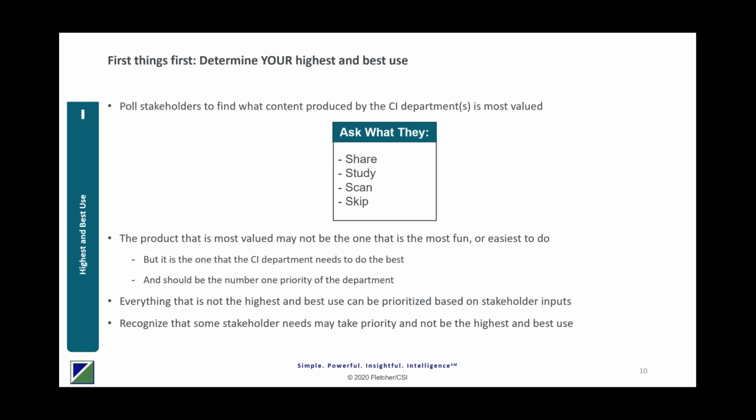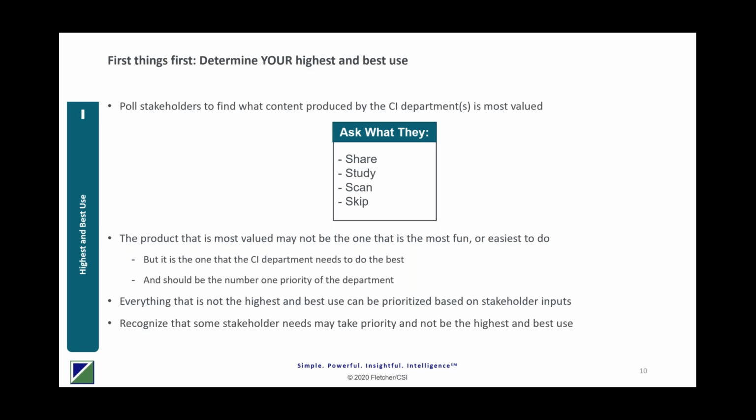If it's not the highest and best use and it's something that you do, it should be prioritized based upon stakeholder needs and, as appropriate, sent out to third parties to allow you to continue to focus on what is the highest and best use of your department and where you come in there. Some stakeholder needs may take priority over others.